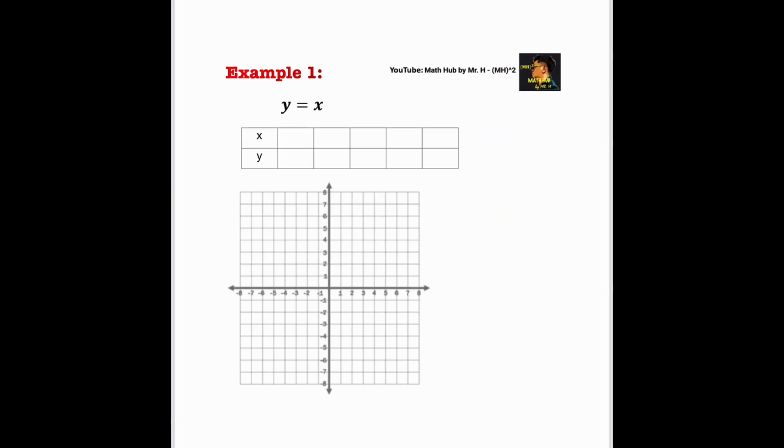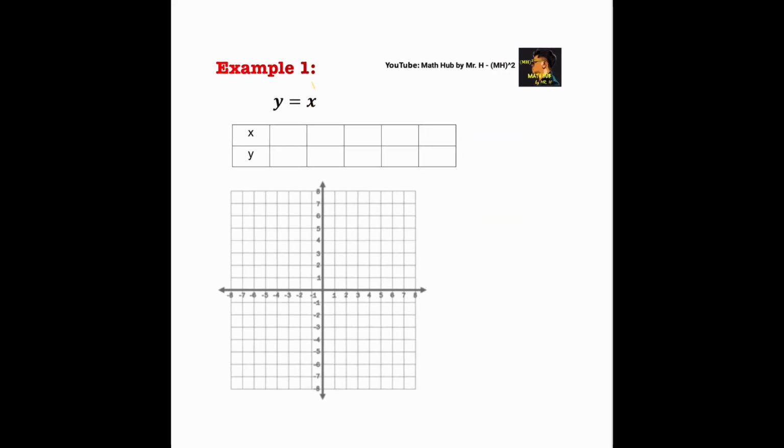We have here the parent function, and I'm very sure that some of you are familiar with this type of function. So we have a linear function, and you see the degree of the x variable is 1.